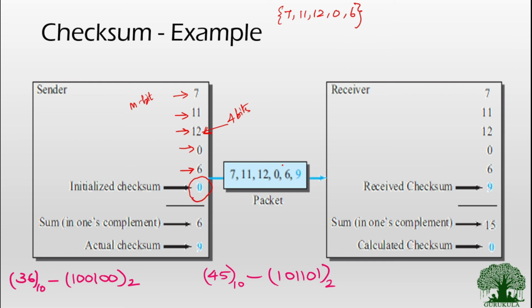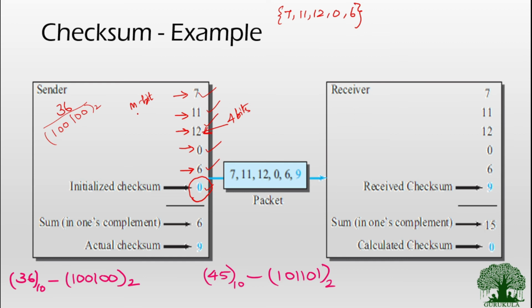Once that is done, I will add all these values: 7 plus 11 plus 12 plus 0 plus 6 plus 0. Adding up all these values gives a total of 36. If I represent 36 in binary, I get 100100.